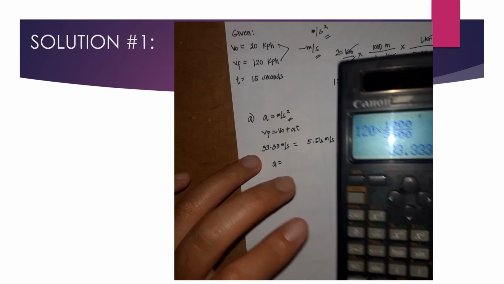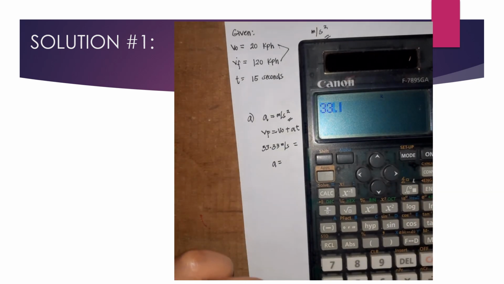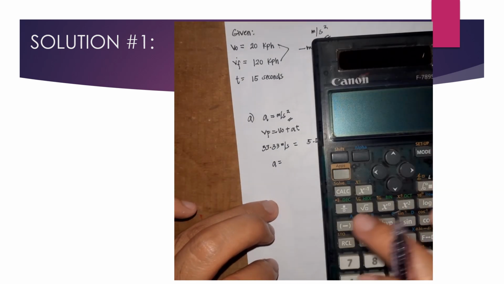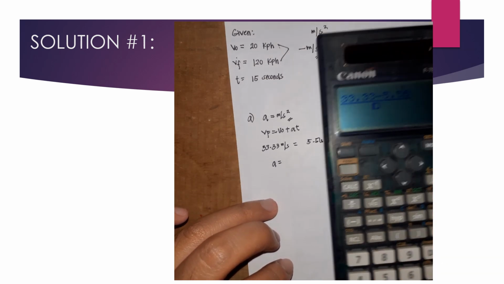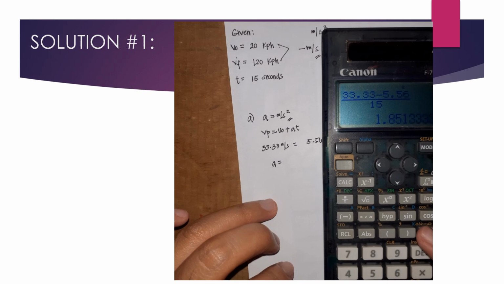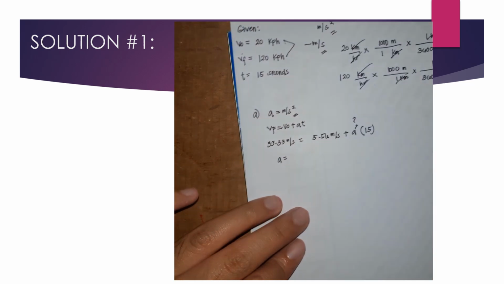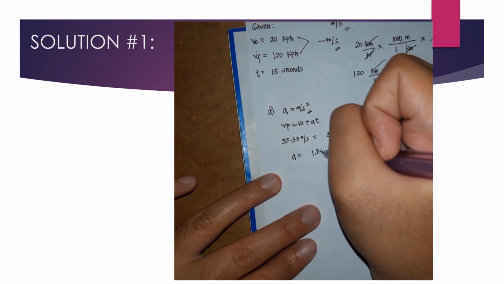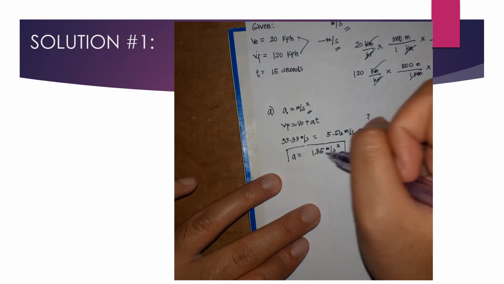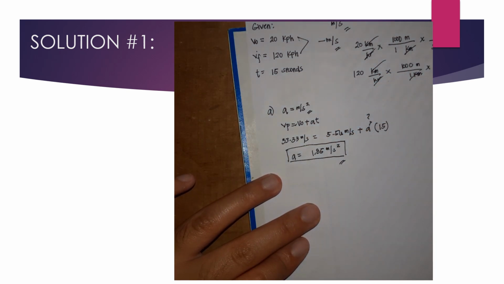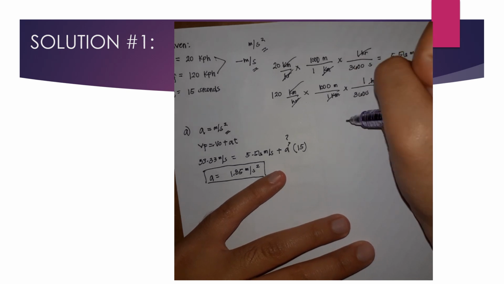So solving it, we have 1.85 meter per second squared. And this is our answer to letter A, our acceleration.